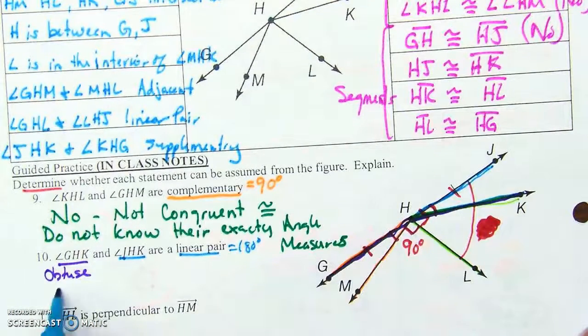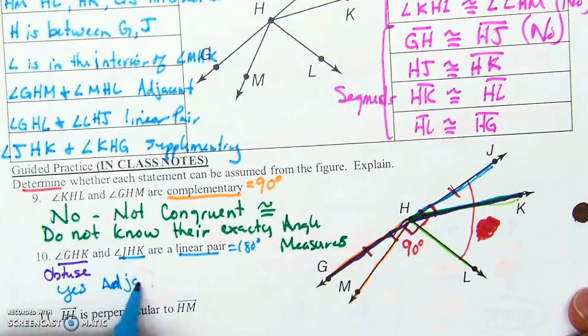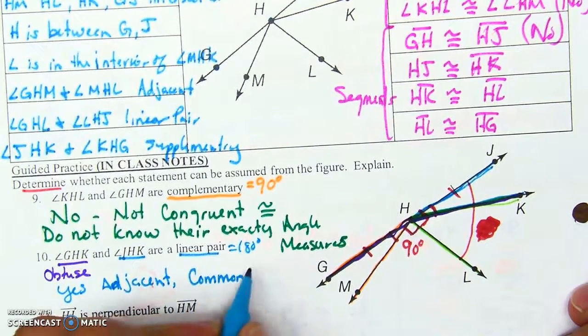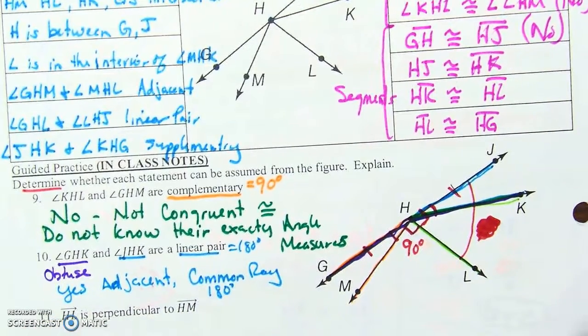Yes, they do, so we can say yes, they are. First of all, they're adjacent, they share a common ray, and together they equal 180 degrees.